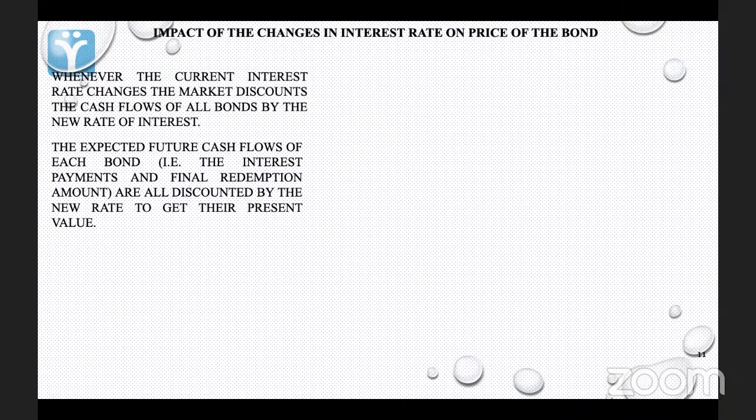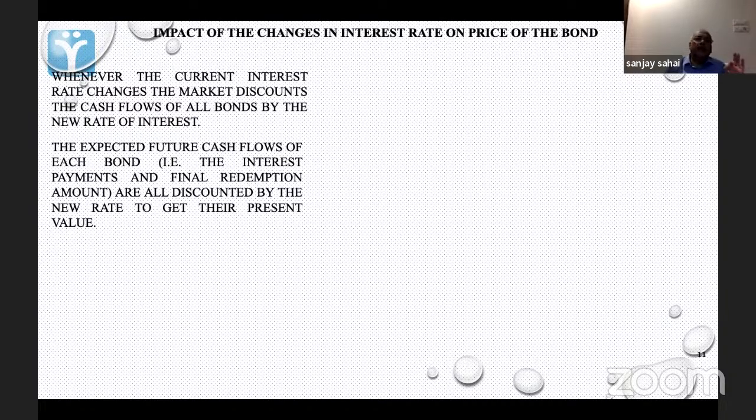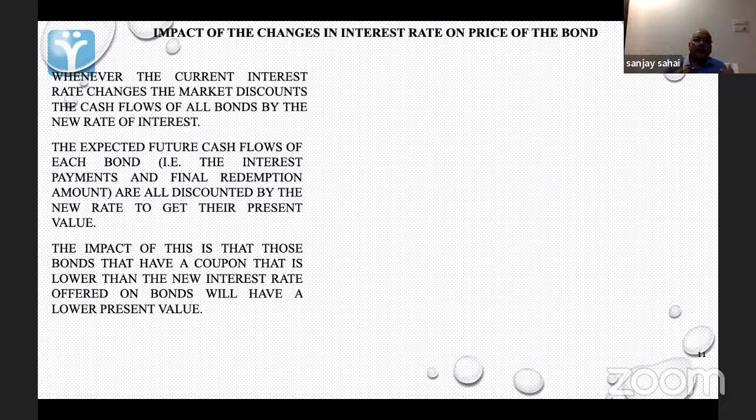So what will happen is that the expected future cash flow of each bond will be discounted by the new rate to get their present value. Exactly वही process होना है, which we saw in the previous slide, where we used the September 22 bond as an example.